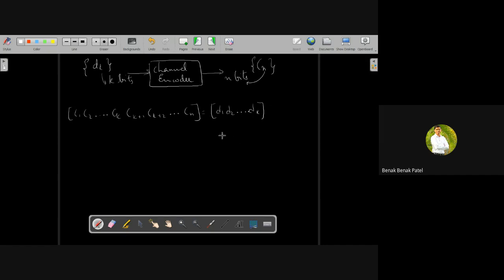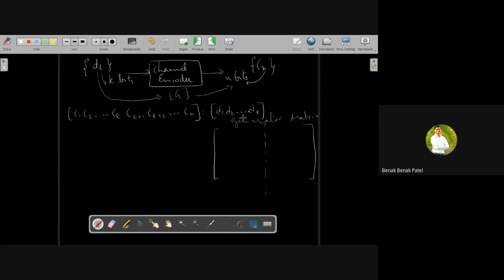So let's see how this generator matrix is given. This generator matrix has two halves. It has two components in it. I'm trying to write this overall generator matrix. When I multiply this dk with G, I'll be able to get this ck.